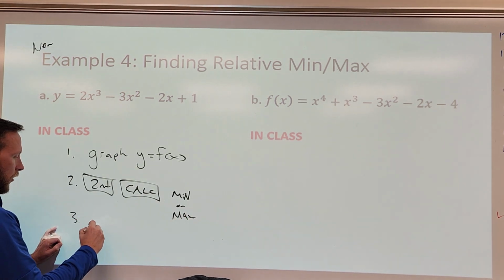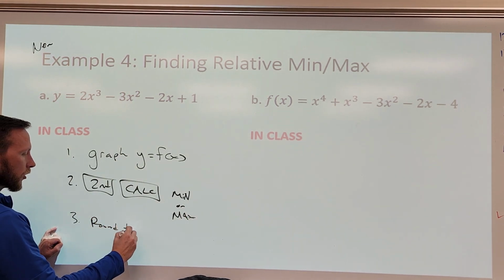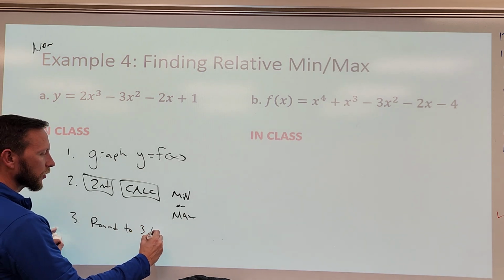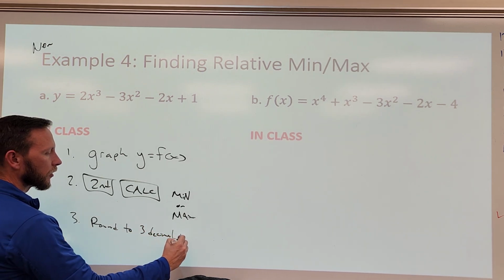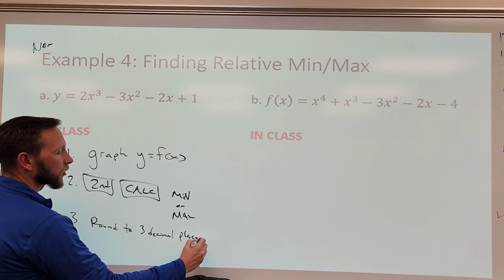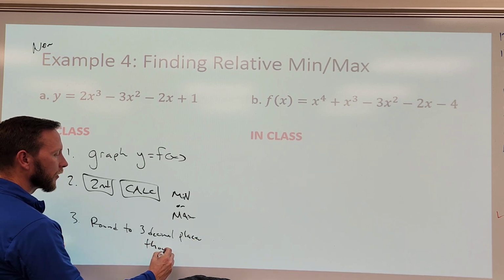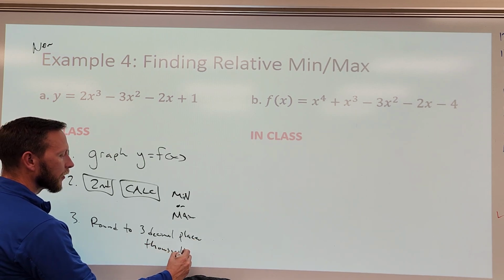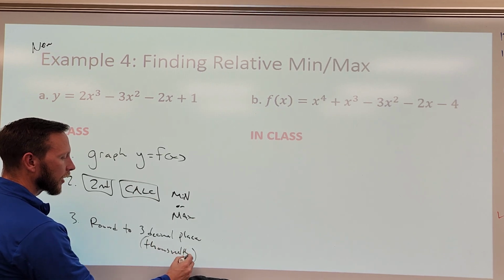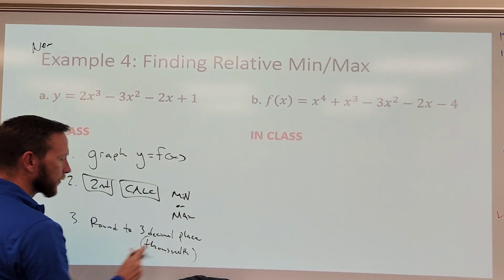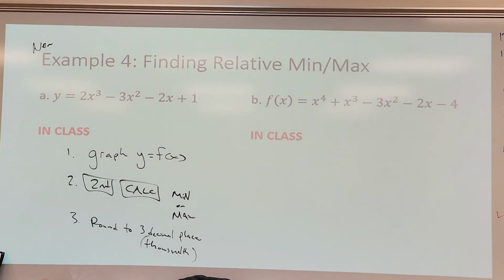We're going to round to 3 decimal places, to the nearest thousandth, which is a hard word to say. We're going to do that in our calculators.